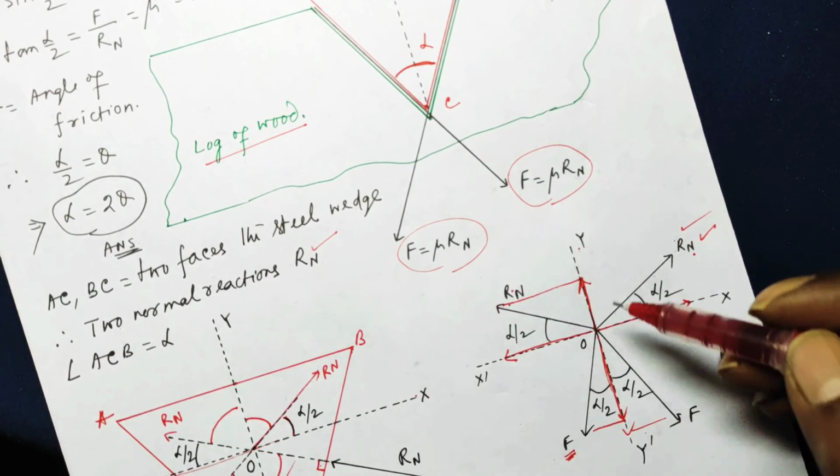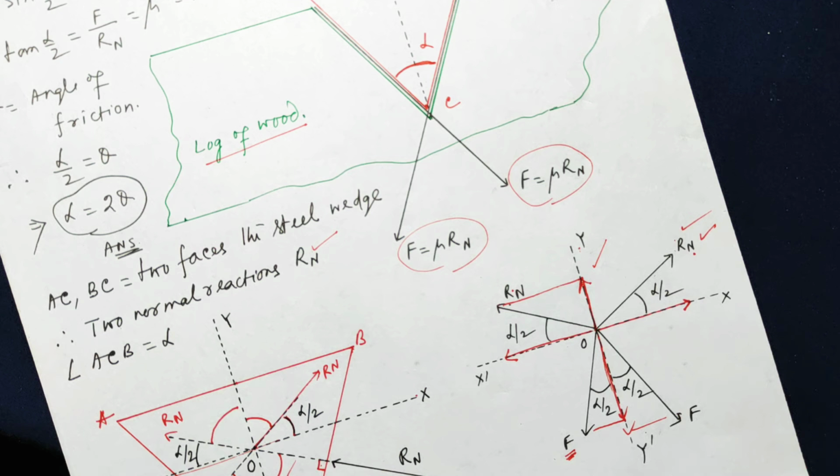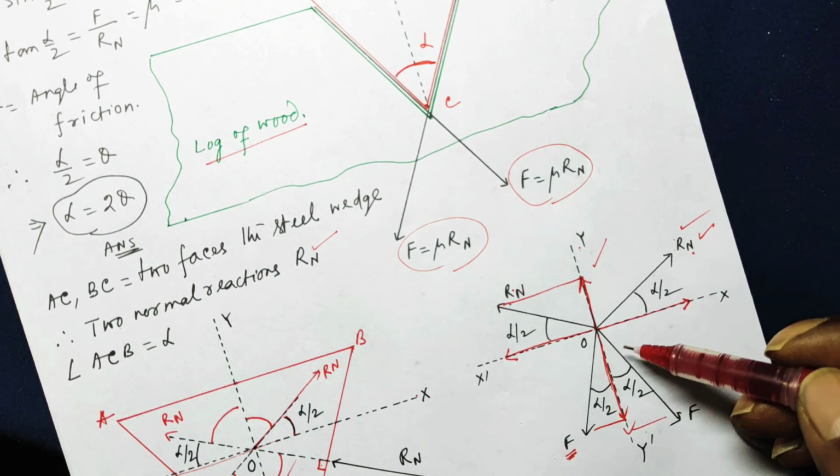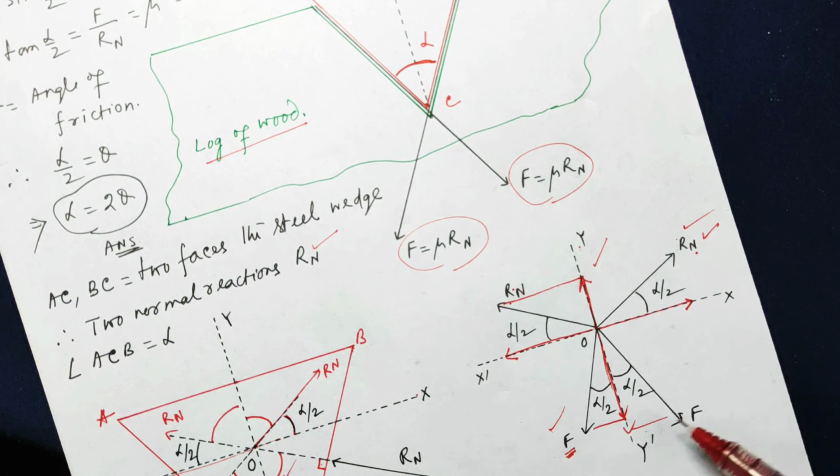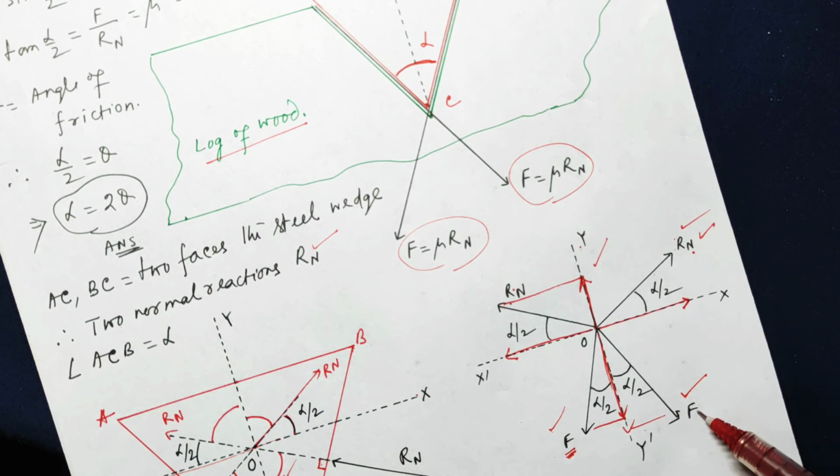So on positive y-axis we have two forces, 2 Rn sin alpha by 2, and along negative y-axis we have two forces. One is F cos alpha by 2 for this one, another is F cos alpha by 2 for this one.